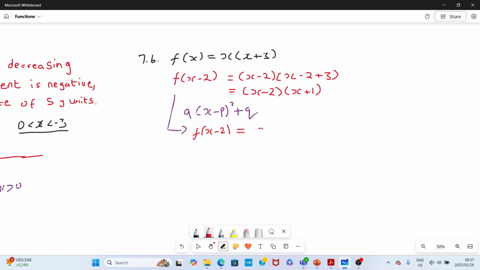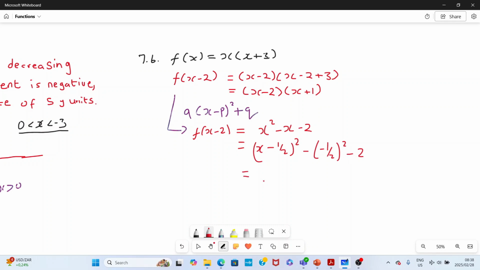If we expand the brackets, we'll have x squared, and then minus x, and then minus 2. Now if we complete the square, we'll have x minus 1 over 2, all squared, then minus 1 over 2 all squared, and then minus the 2.